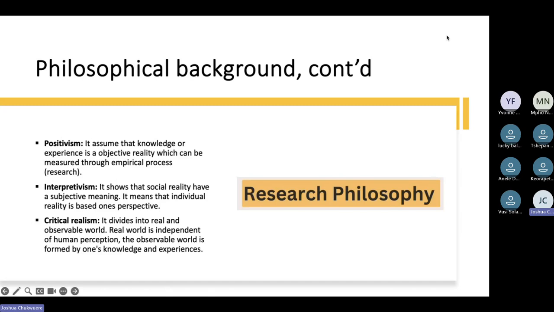What about positivism, the paradigm philosophy? It assumes that knowledge or experience is objective, which can be measured through empirical processes. That people's reality is based on what is external. And that is it.